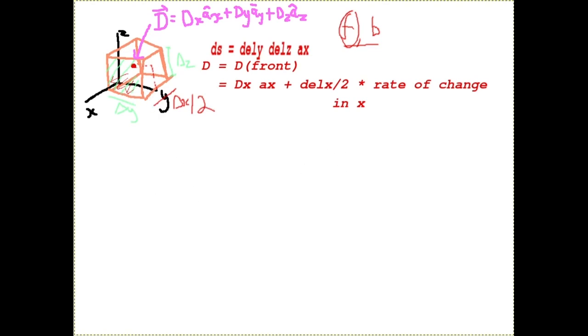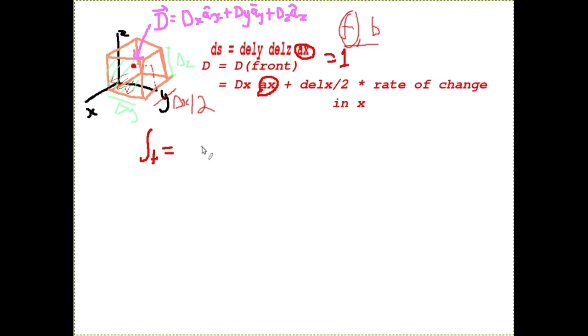If I implement this in the Gaussian surface, then I can write the integral over the front as, here a_x and this a_x, when I do the dot product, it ends up equal to 1.